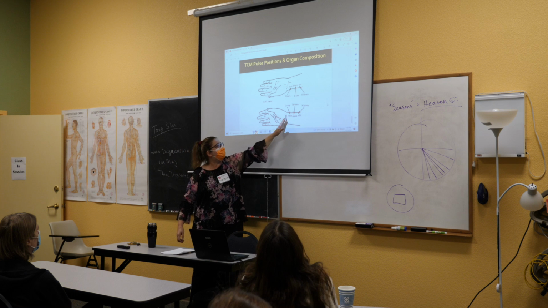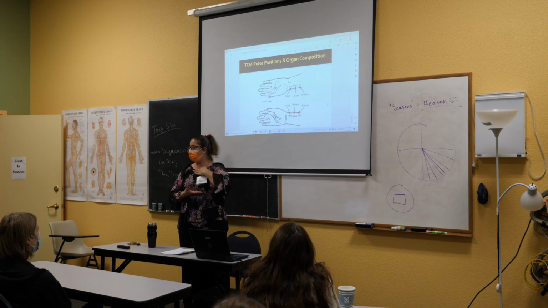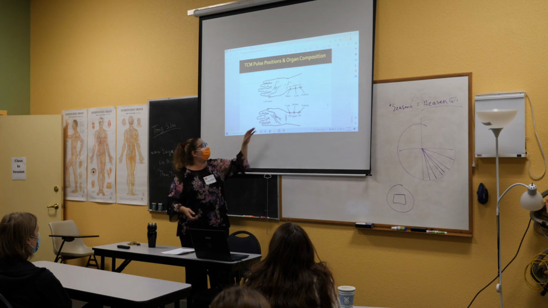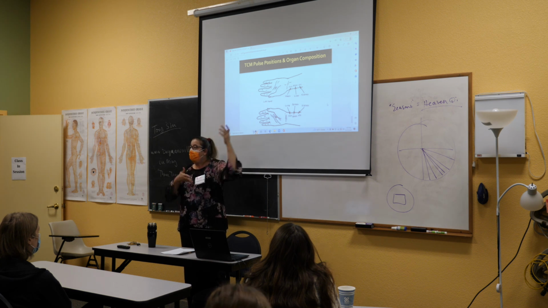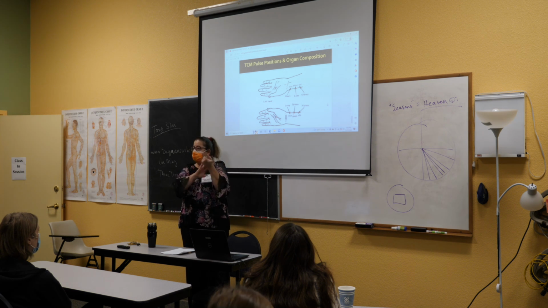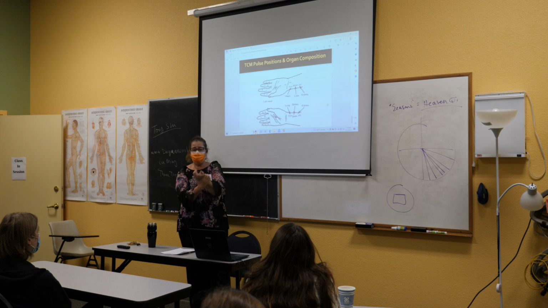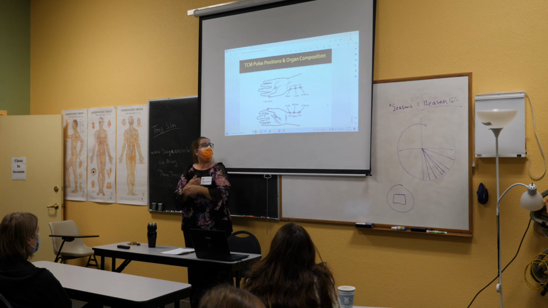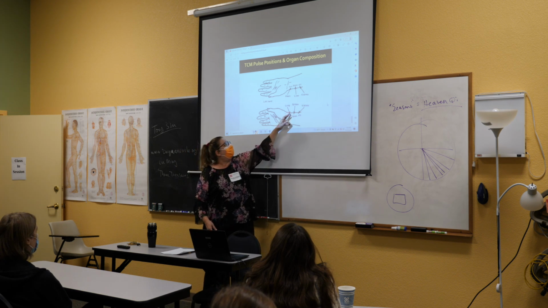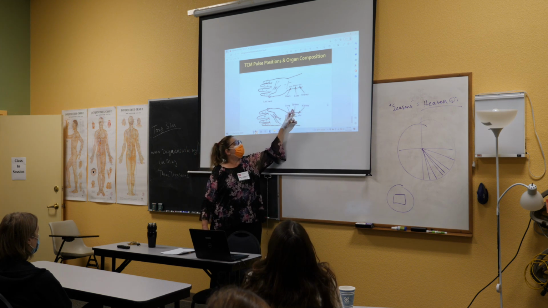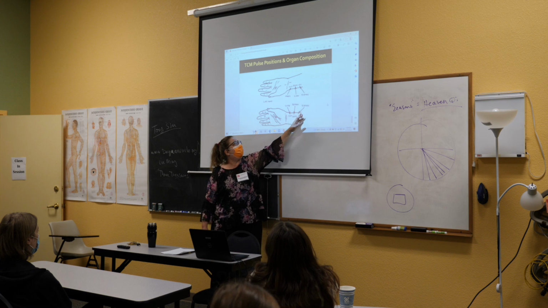So as you can see, the upper part of the body, the lungs and the heart, are more distal towards the wrist. So the heart points towards the left, so the first position will show you the heart, and on the other side it's the lung. Then we go into the middle burner, and we'll see what is happening with the condition of the spleen and the liver.